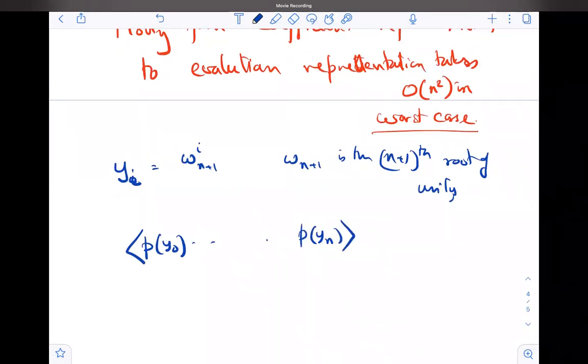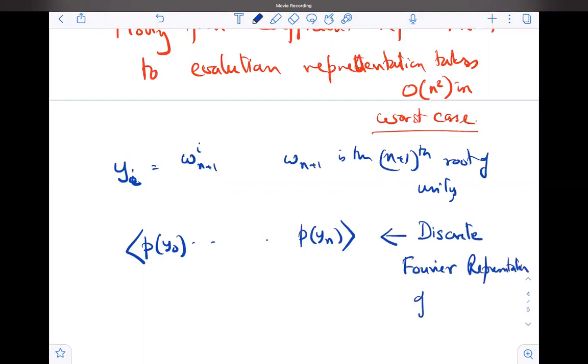This is called the discrete Fourier representation of a polynomial.